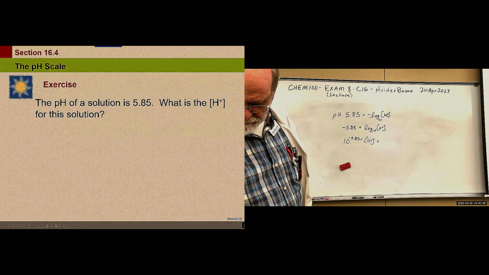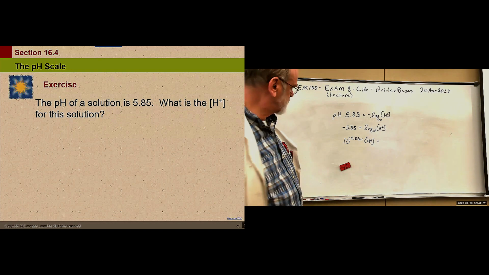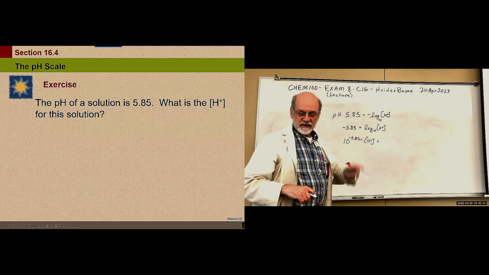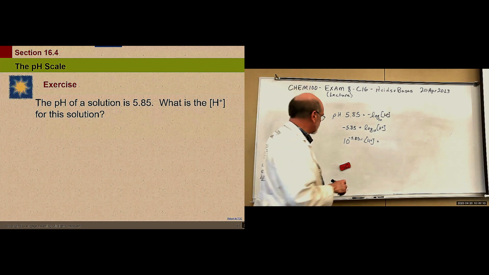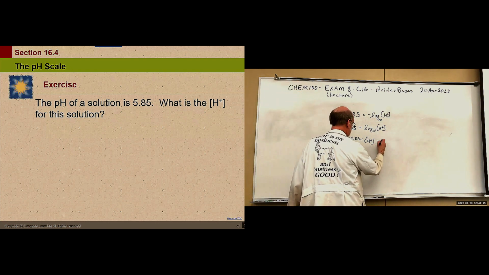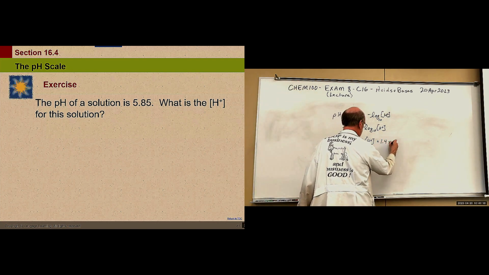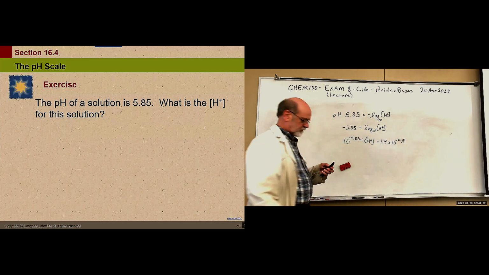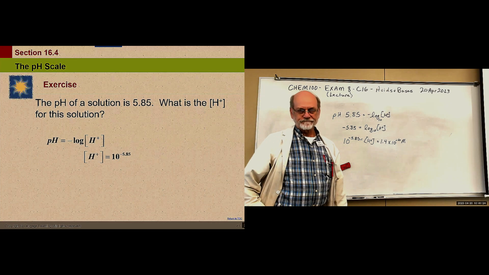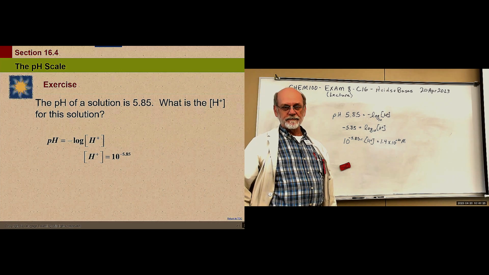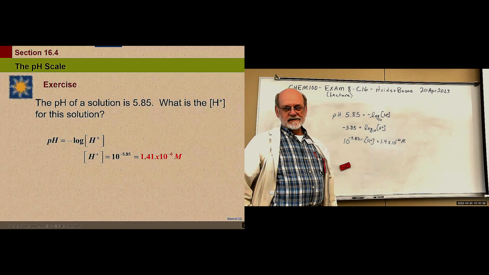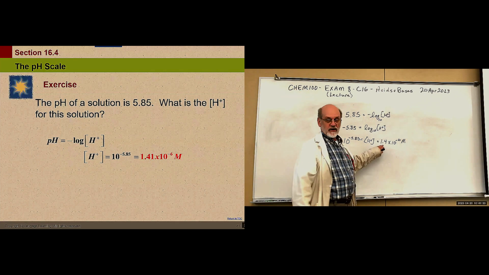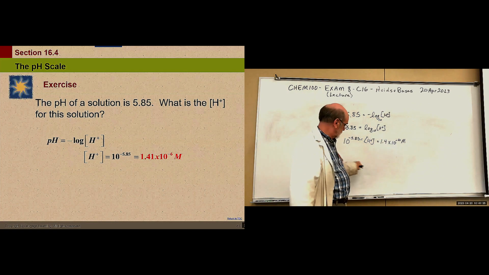We get 1.41 times, let's see, 2 significant figures. 1.4 times 10 to the minus 6 molar. Here we go. And I added an extra one there. That's not right. This is correct based on our rules for significant figures.